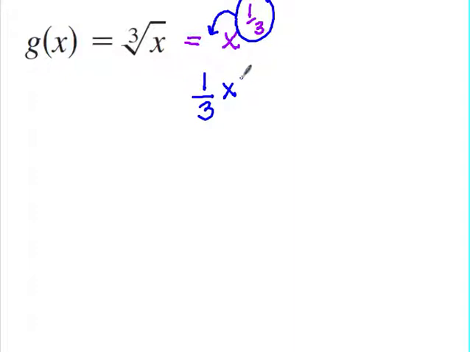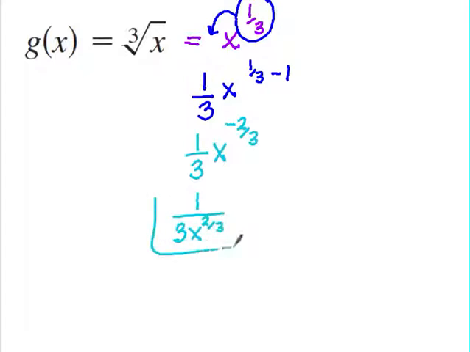Subtract 1. One-third x to the negative 2/3. Now, you know I won't let you leave negatives, so it's going to be 1 over 3x to the 2/3.